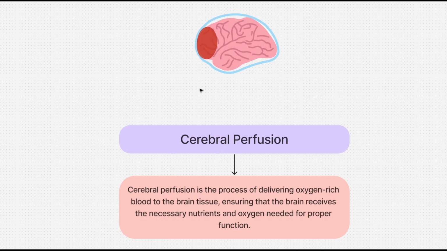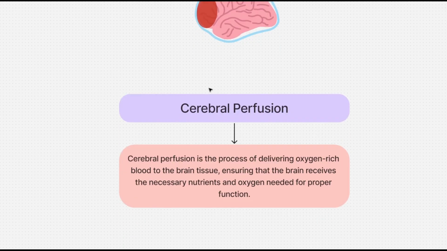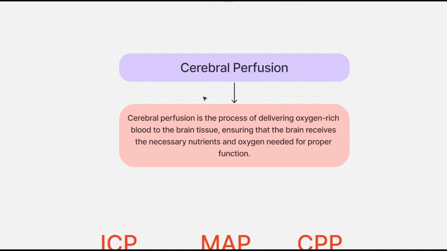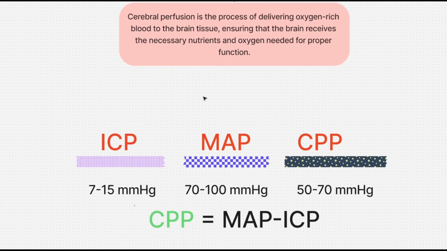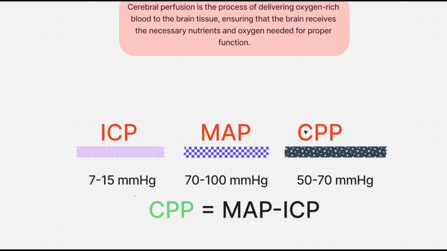The perfusion here means that you have arteries and arterioles bringing in oxygen-rich blood, and this blood is flowing to the brain. Now, we're going to be talking about what affects cerebral perfusion. So we have three things here. Let me just show this.